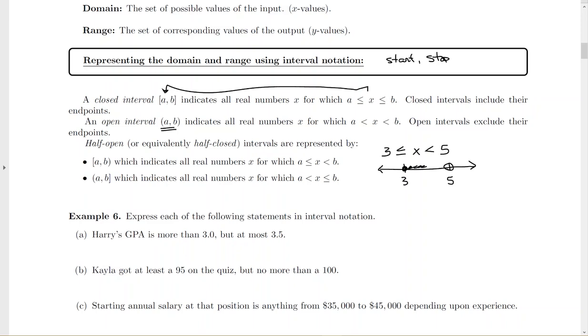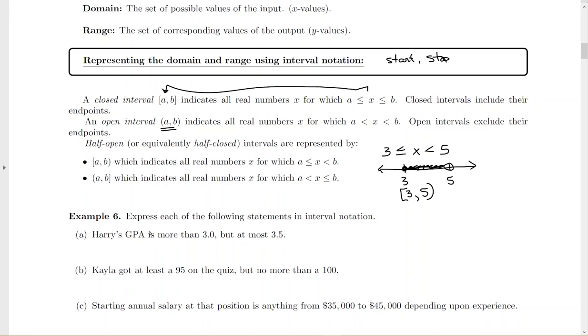And these are all the numbers in between that we could use for X. Well, instead of using the filled in dot and the open dot, we're going to be using the bracket, which indicates that you can use the number or the equals, comma, and it goes all the way over to the number 5. Because that's not filled in, it's an open dot, we can't use the number 5, but we can get close to it. We're going to use the parenthesis.